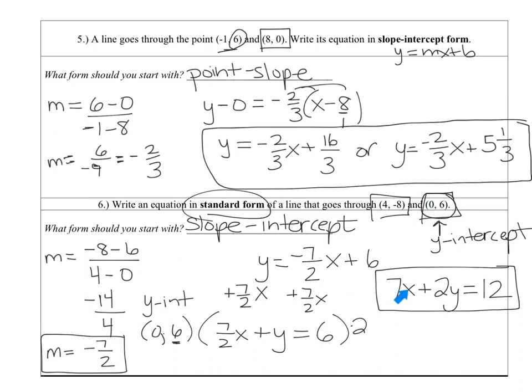If you put 0 in for x, that goes away. You put 6 in for y, 2 times 6 is 12, so that's going to work. 4, -8 will also work, right? 7 times 4 is 28, and then 2 times -8 is -16. So then you would have 28 plus -16, and 28 plus -16 is 12. So that's another way to check it.